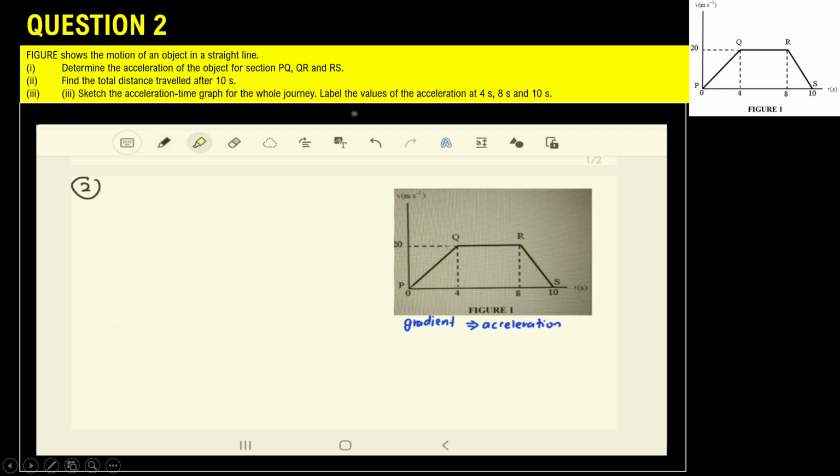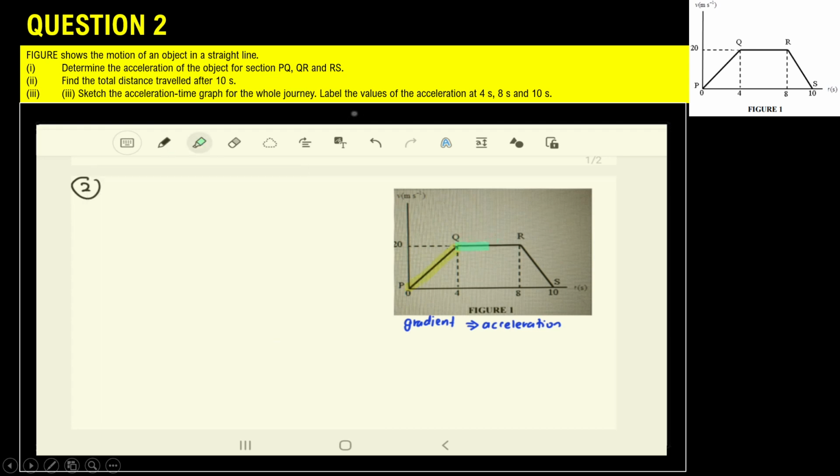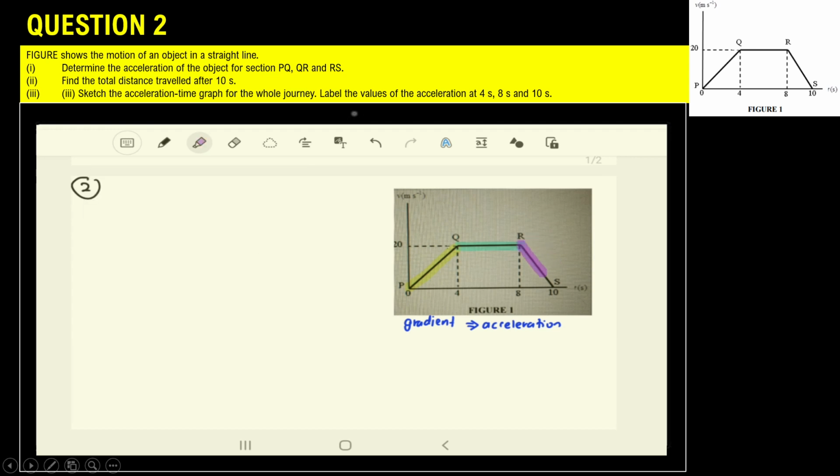So now we have PQ, and I'm going to use this one, QR, and this is RS. Let's calculate PQ first. As we want to find the acceleration of PQ, we need to find the gradient of the PQ line.